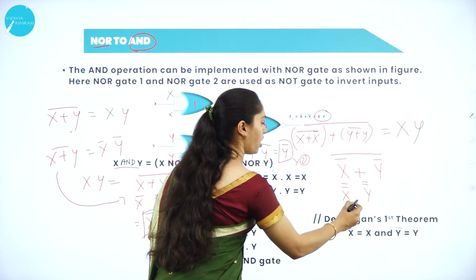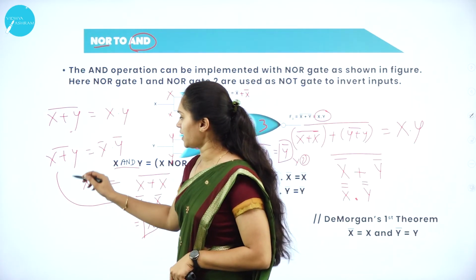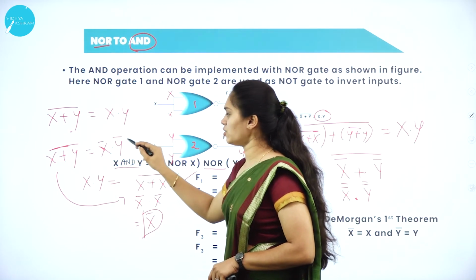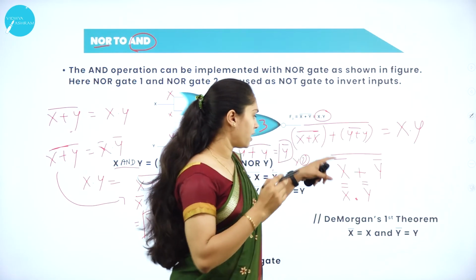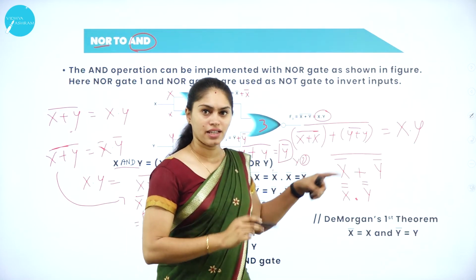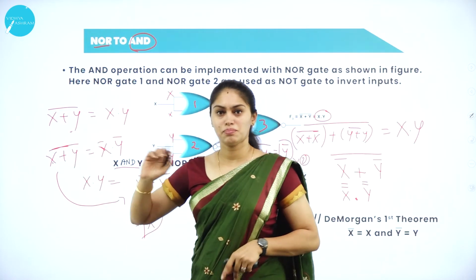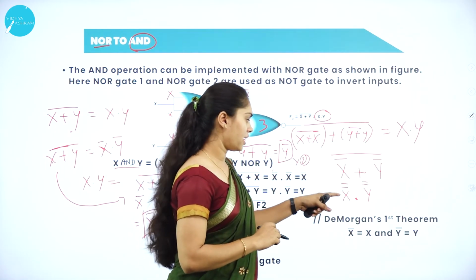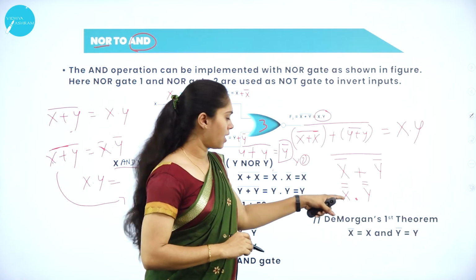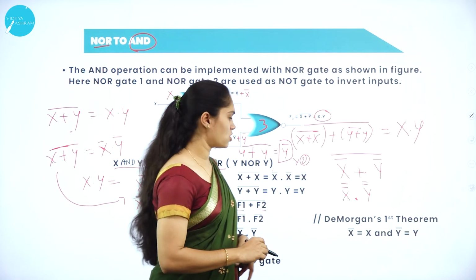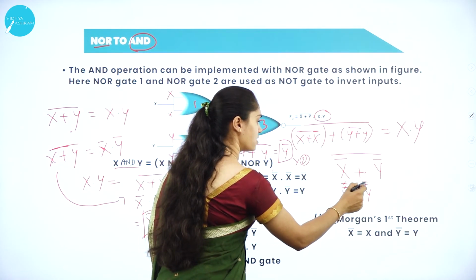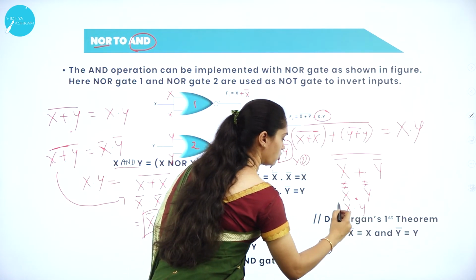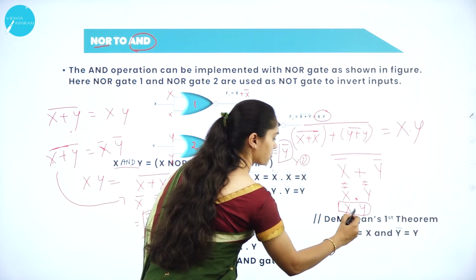We know that x plus y whole bar is equal to x bar into y bar. If I apply the same thing here, the first input is x bar plus y bar, whole complemented, that is equal to x double bar product y double bar. So here the bars will get cancelled and we are going to have x dot y as the output.